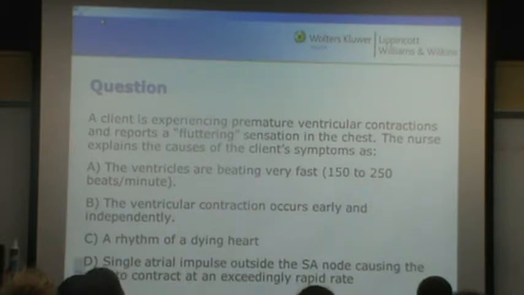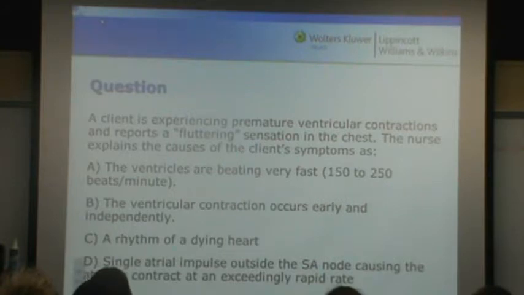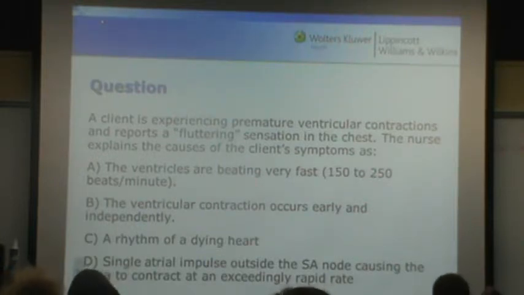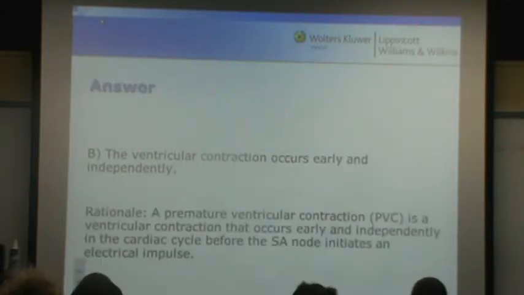Or D, single atrial impulses outside the SA node causing the atria to contract at an exceedingly rapid rate. Which one is consistent with PVCs? B. Remember, PVCs are just early contractions that occur independently of the regular cardiac cycle.